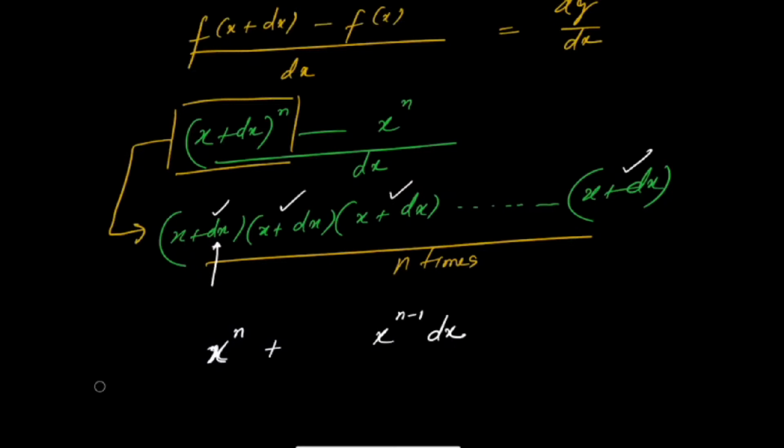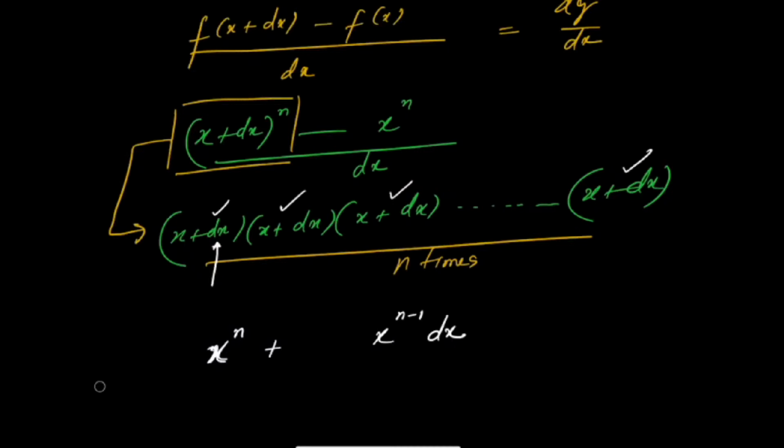In how many ways can you choose dx? You can choose dx from the first bracket and multiply the rest by x. That is your first option. The second option is you can choose dx from the second bracket and take x from all the rest. Or you can take dx from the third bracket, correct? And you can take x from all the rest of the brackets. Or you can take it from the fourth.